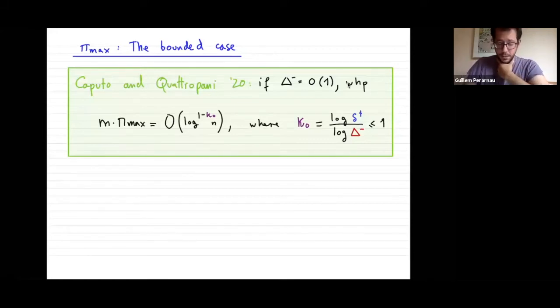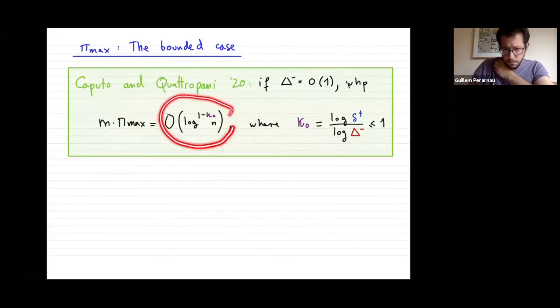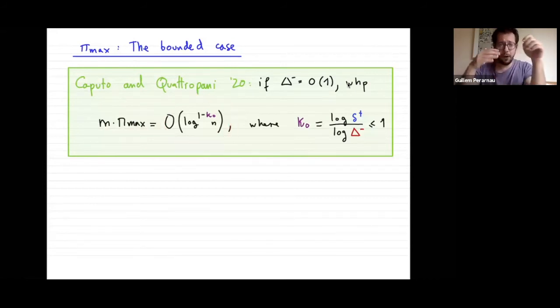If you have such a condition here, then with high probability your pi max, once you scale it by m, is going to be at most logarithmic. This means that you have a logarithmic fluctuation from what you're expecting. The exponent of this logarithm is something that they also give explicitly, and it depends on the minimum out degree and the maximum in degree.